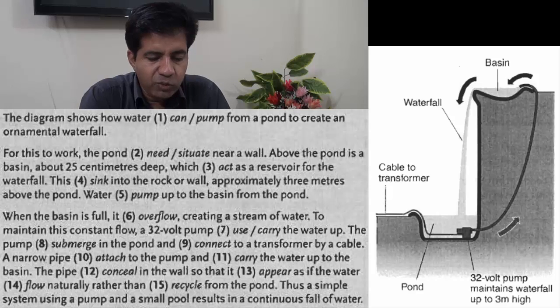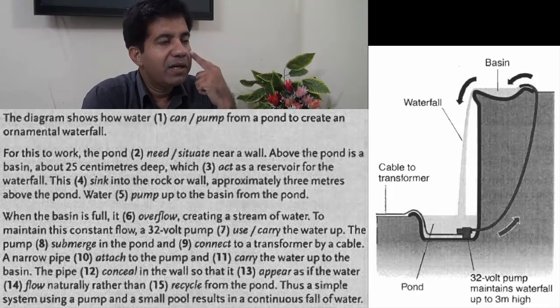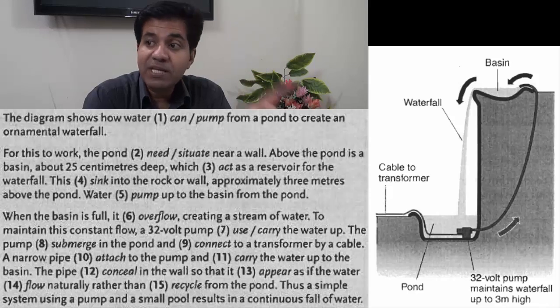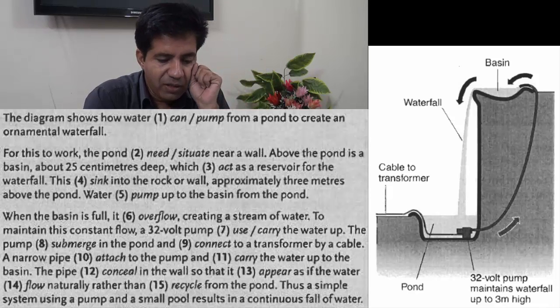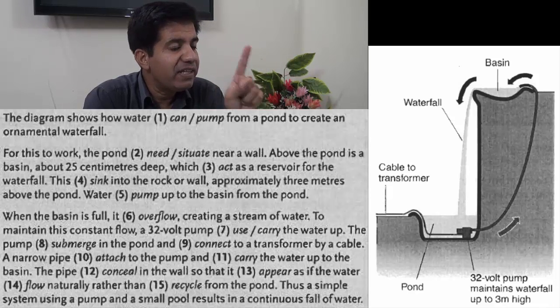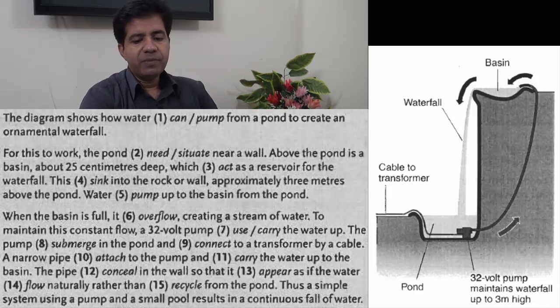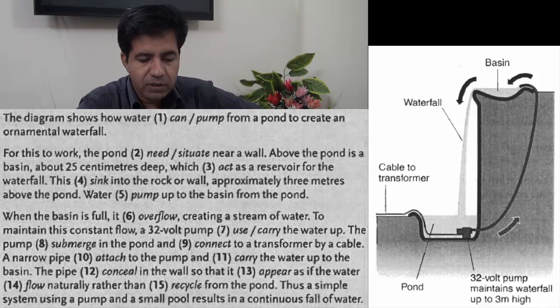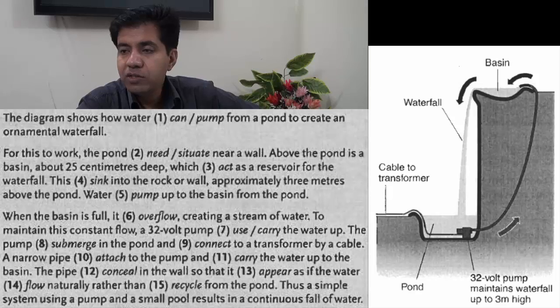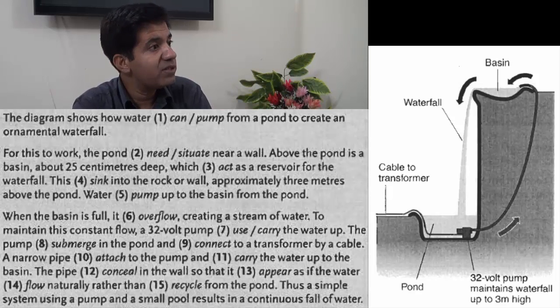For this to work, the pond needs to be situated. Very good. The pond needs, with S, exactly, very good. Needs to be situated near a wall. Clear? This is also a passive voice.